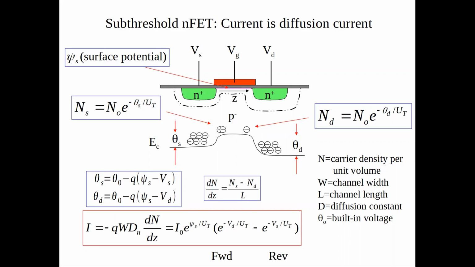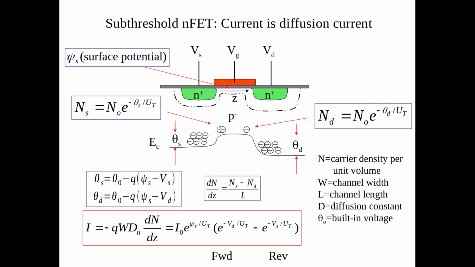Yeah, you're right. I think the forward is the minus VS, VGS. Because from VD to VS is electron moving, so it's the opposite way. But there is the minus. The forward current is the one going from the drain to the source, and the reverse current is the one going from the source to the drain. So e to the minus VD is the forward current.